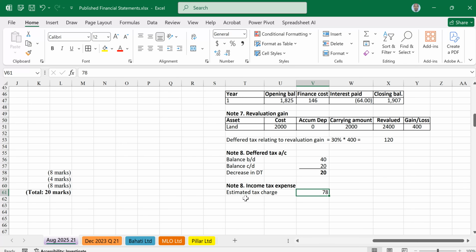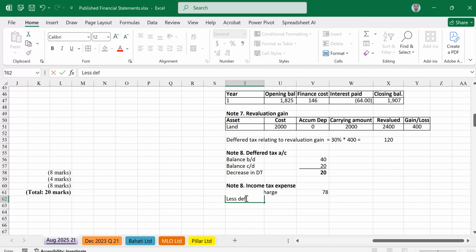Estimated tax charge, then less the decrease in deferred tax liability.